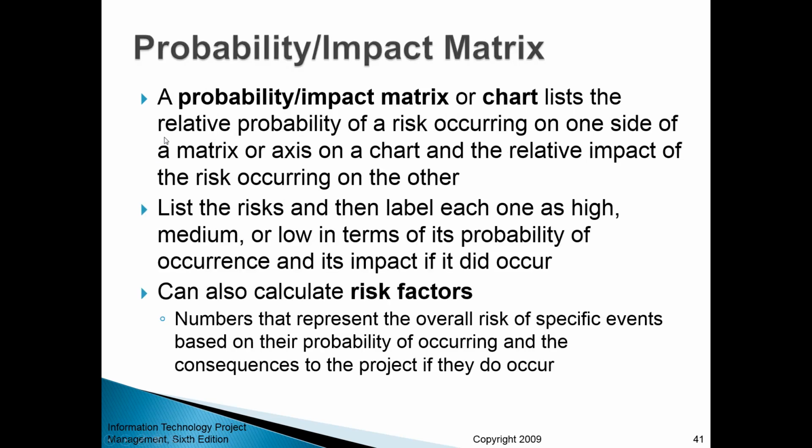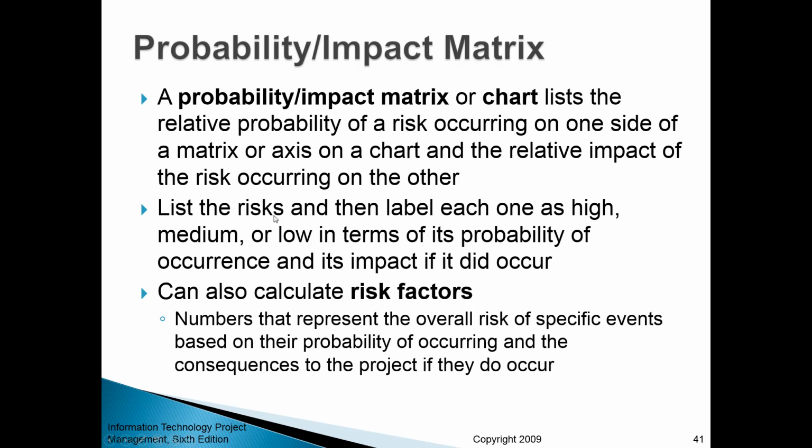So one tool for qualitative risk analysis is the so-called probability impact matrix or chart. Typically it lists the relative probability of a risk occurring, not necessarily expressed with a number, but more like a category. So on one side there is a probability of risk, and on the other axis, there is a relative impact, meaning the relative importance or significance of that risk if it occurs.